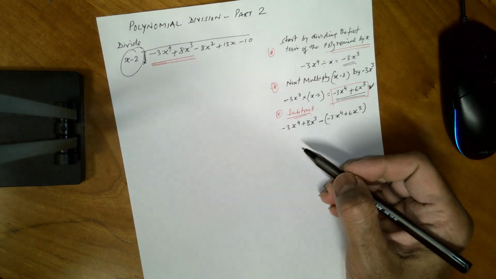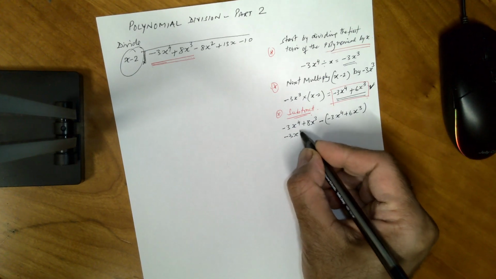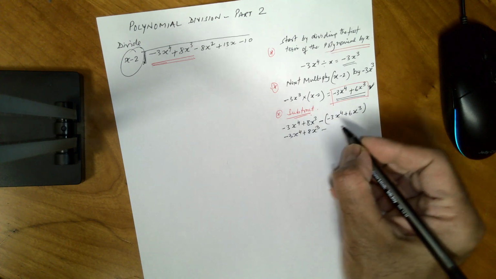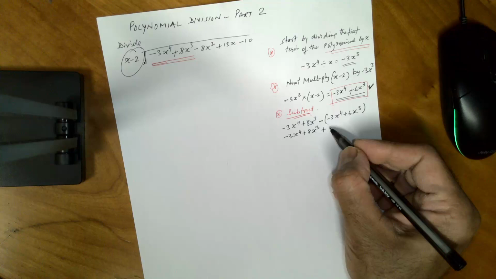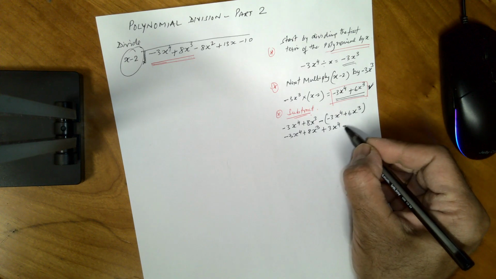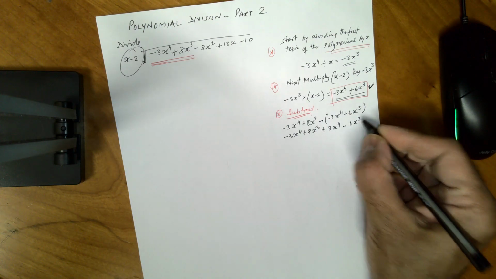We open this now and see what we get. So that will be the plus, and the minus sign will change everything inside the bracket.